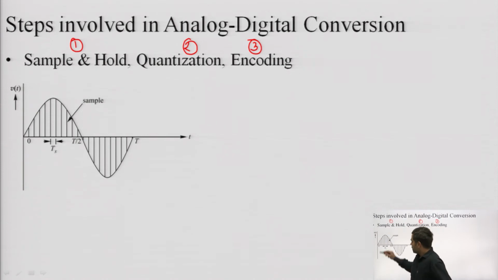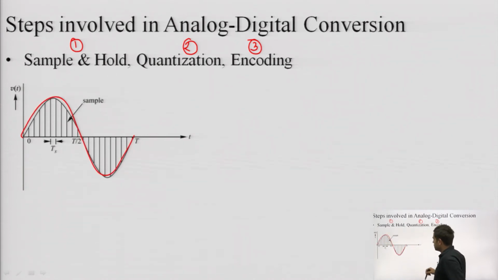So here we can see that there is an analog signal, okay, and then sample and hold means that it will be passed through a sample and hold circuit, and some kind of action will be taken. That sample will be held until the next sample is taken.